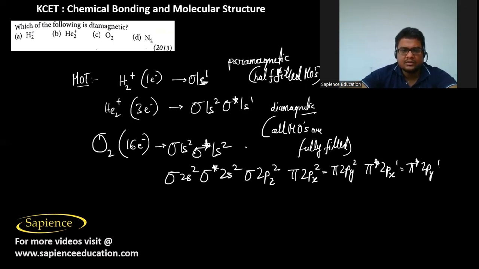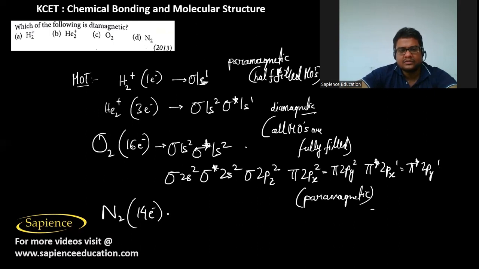So it will have 1, 2, 3, 4, 5, 6, 7, 8. So here we have two half-filled molecular orbitals. It means the oxygen molecule is also paramagnetic. Then N2 will have 14 electrons.